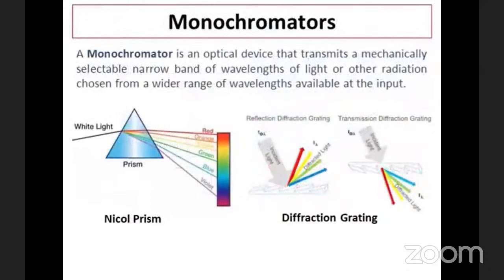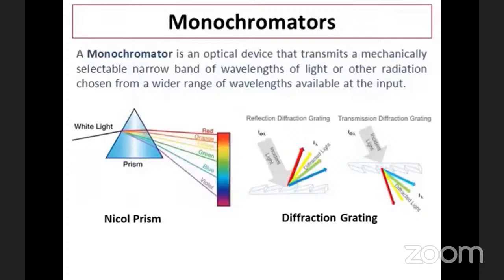Let us see the different types of monochromators used in flame photometry. What is a monochromator? A monochromator is an optical device that transmits a mechanically selectable narrow band of wavelengths of light or other radiation chosen from a wider range of wavelengths available at the input.